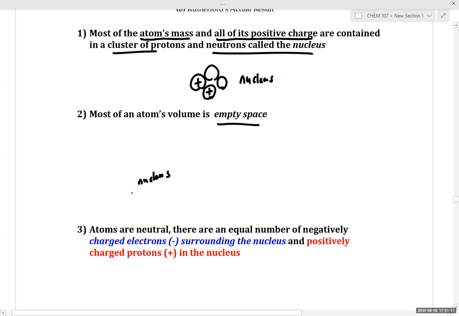If our nucleus is just this very tiny dot, think of the rest of an atom's volume as mostly empty space. The nucleus is relatively small compared to the rest of your atom. Just to put it to scale, if this dot were the nucleus, the outer reaches of your atom would be miles away.